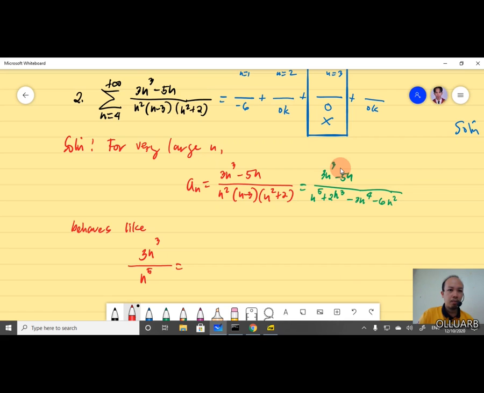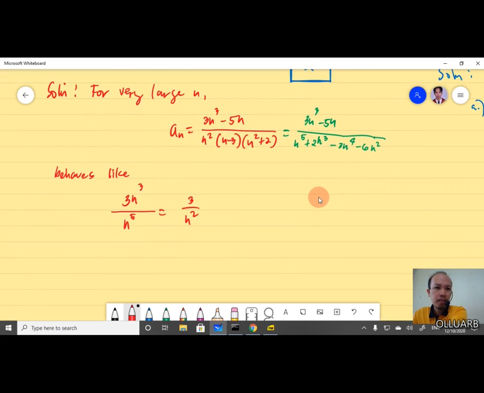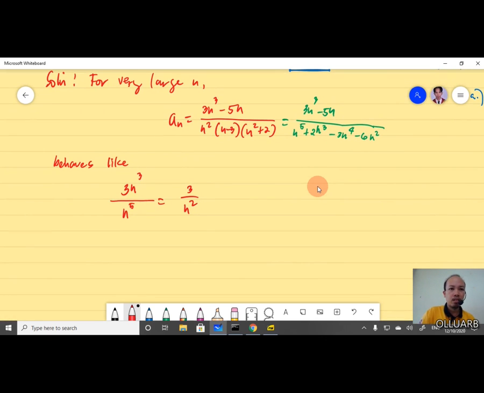So we have 3 over n squared. Basically here, this implies that our bn is 3 over n squared, or you can drop the 3, 1 over n squared, it doesn't matter.